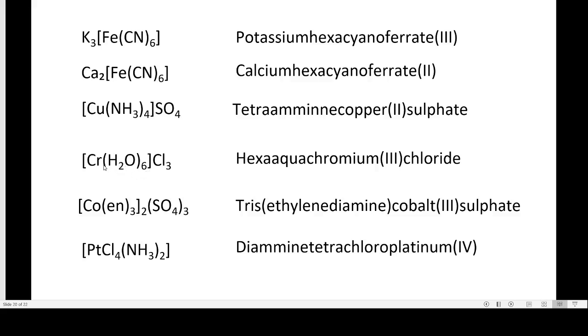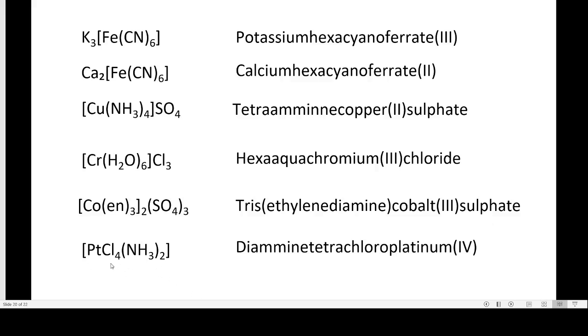Hexaaqua chromium 3 chloride. Oxidation state of chromium is 3. So in this example, ethylene diamine. In the name itself, the di is there. So we have to write it as tris, tris(ethylene diamine) in brackets, cobalt 3 sulfate.